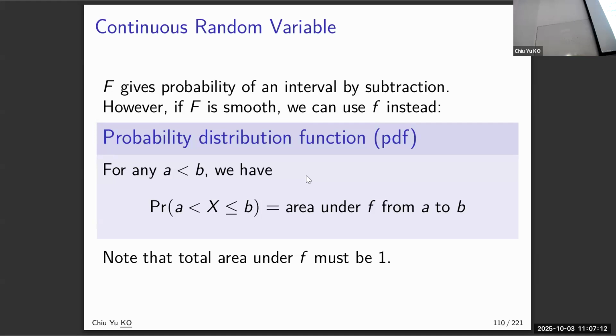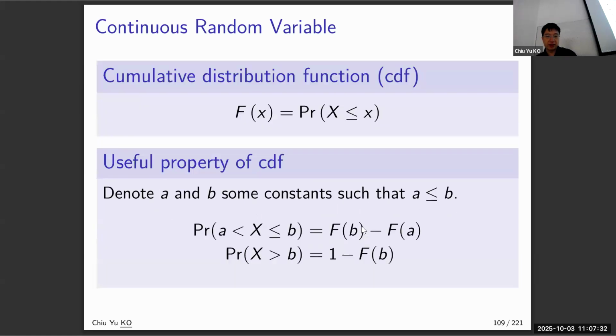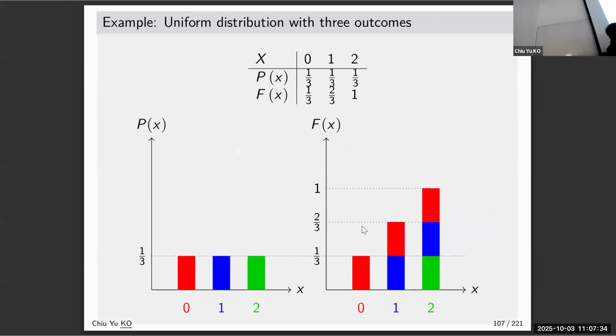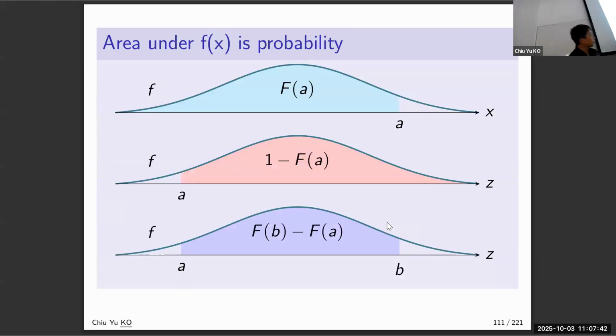The idea is that the probability within two numbers is simply given by the area under the function. This is the same idea as the bar chart, where the height is the probability. Now we look at area. So let me give an example to be a little more straightforward. We'll create a function called F.